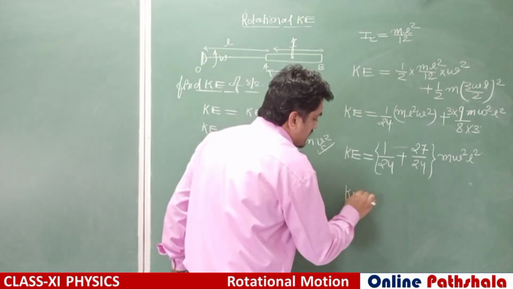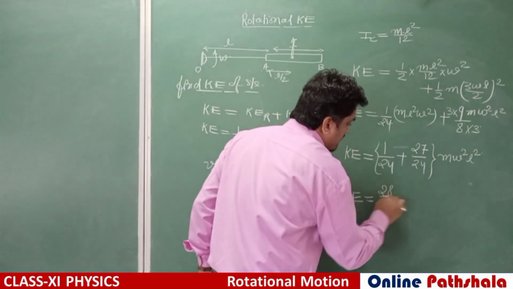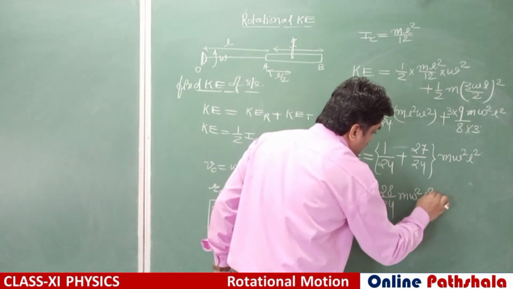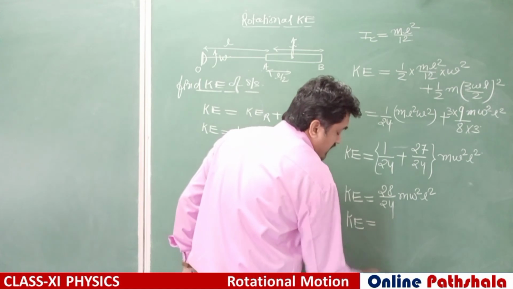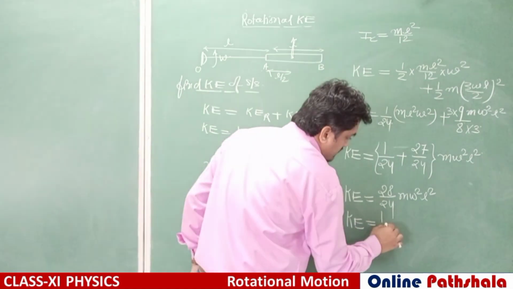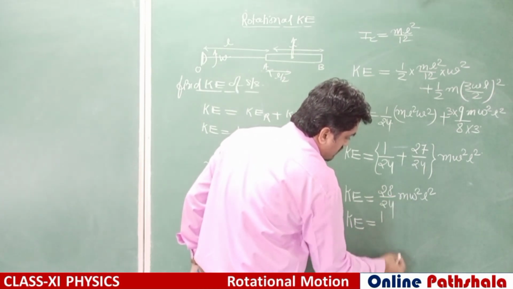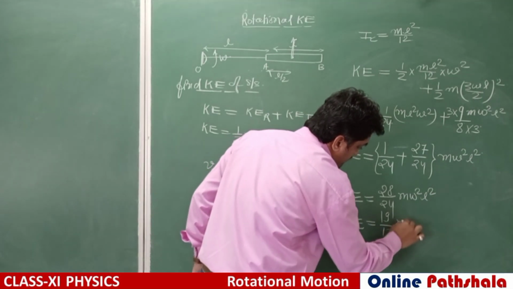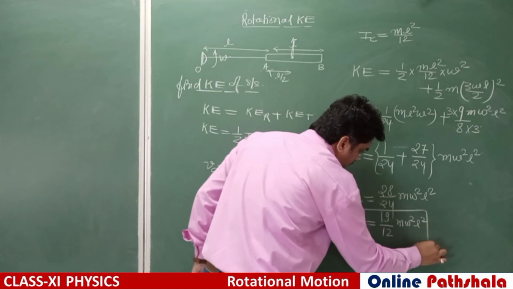So the kinetic energy is equal to 28 divided by 24 m omega L square. Finally, we are getting 19 divided by 12 m omega square L square. It is the final answer.